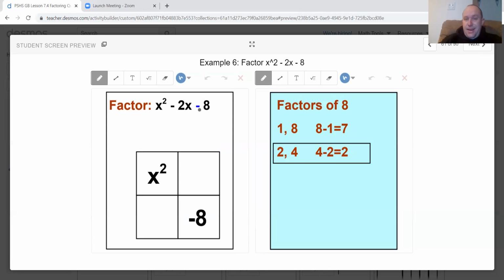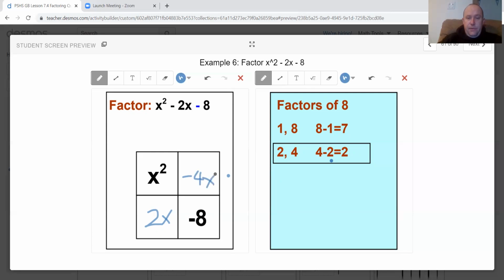Now, this time I've kept the -8, but I made it -2x rather than +2x. So if I do 4 take away 2, obviously I get 2. So I'm close to the answer. All I'm going to do is switch the order. I don't want to do 4 take away 2. I want to flip it over. I want to do 2 take away 4.